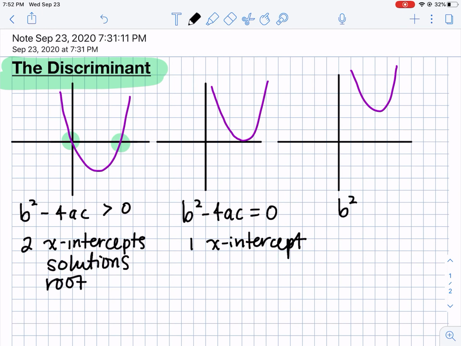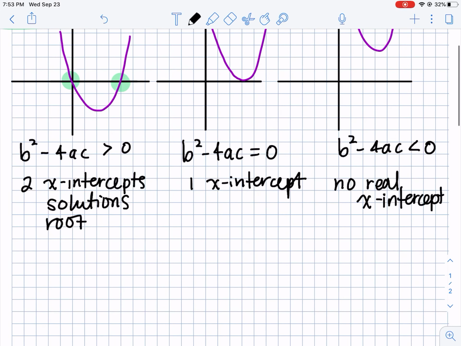And if b squared minus 4ac is less than 0, if it's negative, we're going to be taking the square root of a negative number. We don't know how to do that yet, so we will have no real x-intercepts. Okay, we will not have any x-intercepts, but guess what? We will have some imaginary solutions, which we will learn about later.